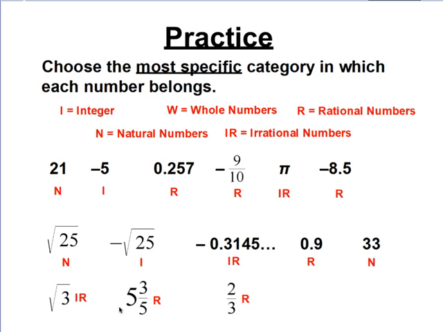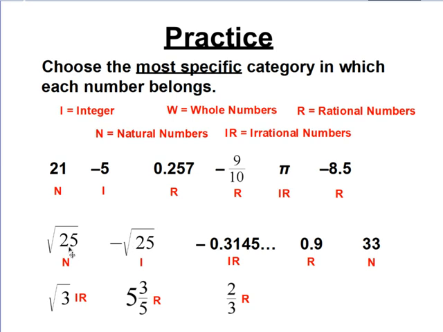Okay. Everything else is rational. If there's a fraction or decimal with it, and it's written like the 5 3/5 or the 2/3, those are rational numbers because they're written in fraction form. However, they don't fall into any of the more specific categories. Take a look at 25 and the square root of 25 and the opposite of the square root of 25, or negative square root of 25.